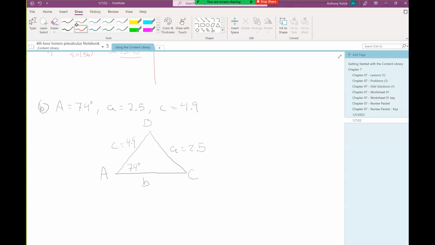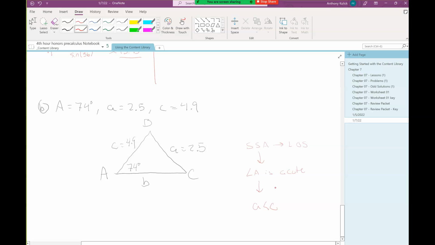What situation are we in here? We're in the SSA situation, so we need to be using the law of sines. The next thing I need to check is that angle that we're given. 74 degrees is my angle, so that's acute. Then I need to look at the side opposite that angle and compare it to the other given side.